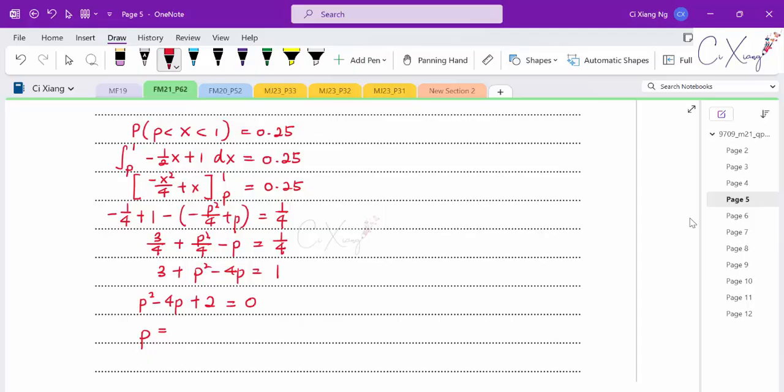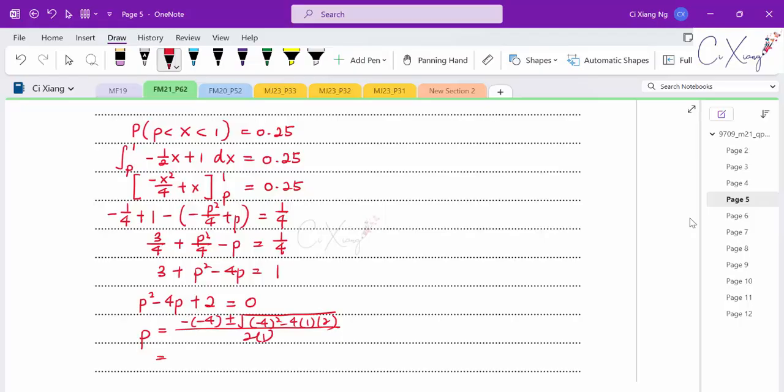To find the value of p, you can use the quadratic formula. If you want to try to factorize, you can, but very obviously this one cannot be factorized nicely, right? So I will use the quadratic formula, negative b plus minus square root b squared minus 4ac, then divided by 2a.